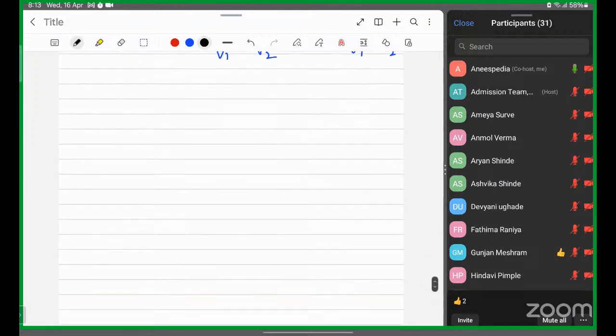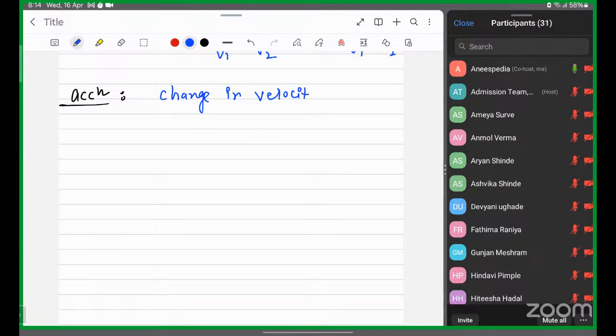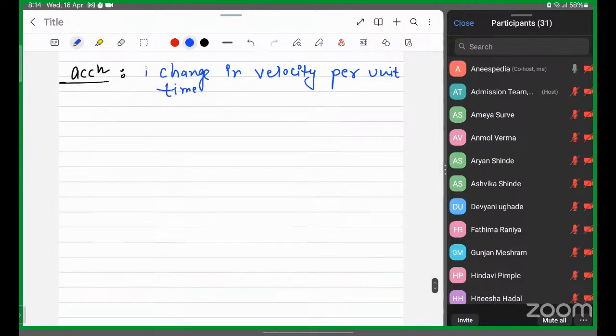Okay, next point is about acceleration. What is acceleration? Acceleration is defined as change in velocity per unit time. Change in velocity per unit time.